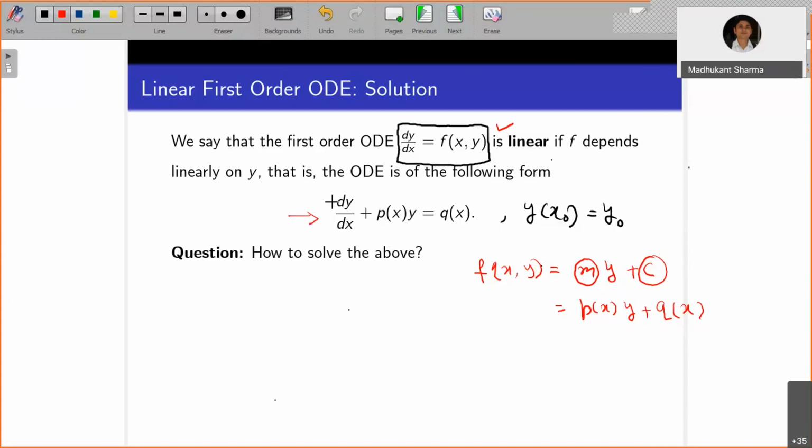And if you try to identify the order, the highest order derivative is first order, and moreover with degree 1. So there are two ways to look at why we are calling it a linear first order differential equation. Right. So now the question arises: how to solve this equation?